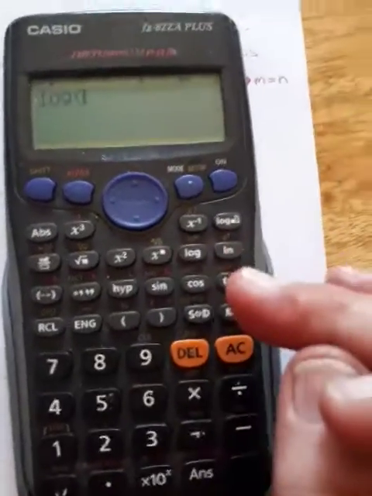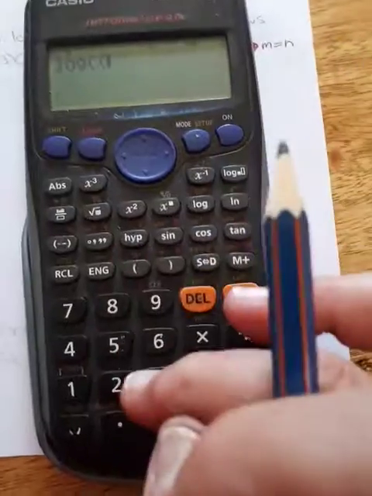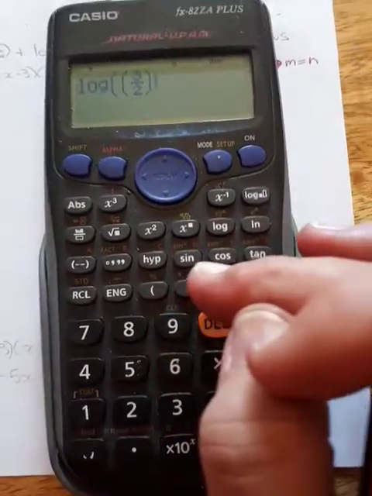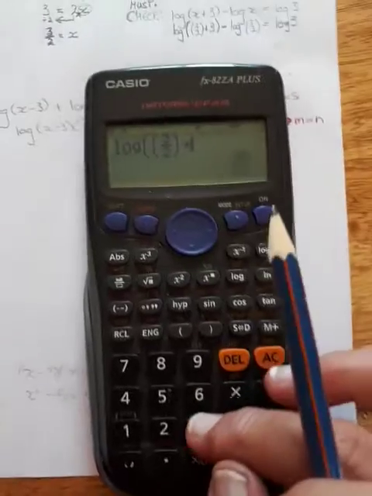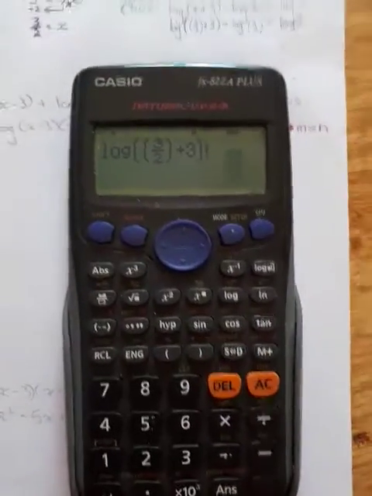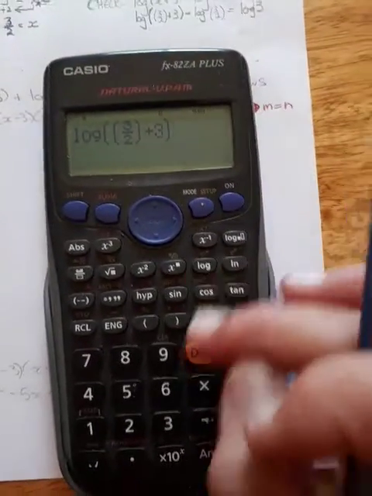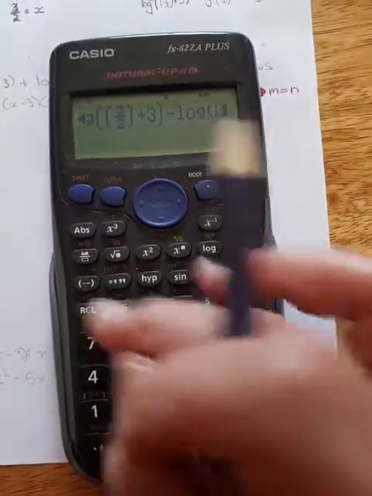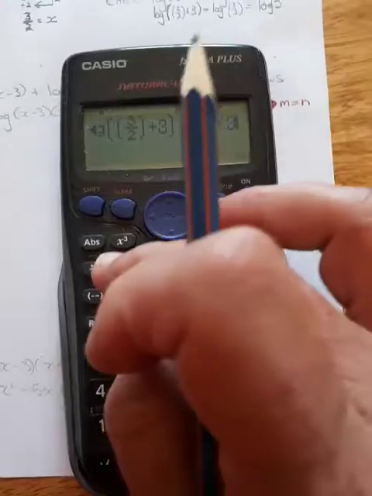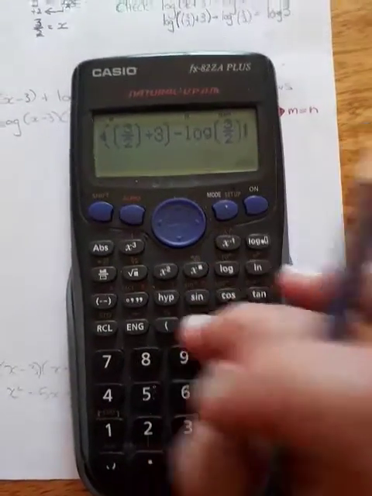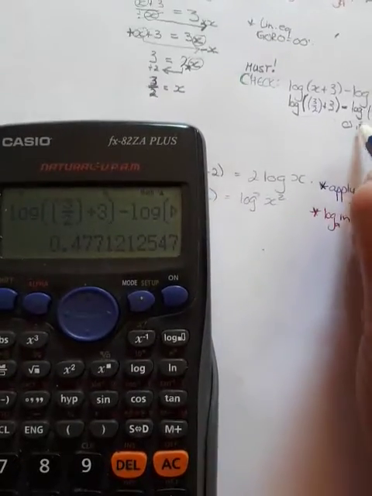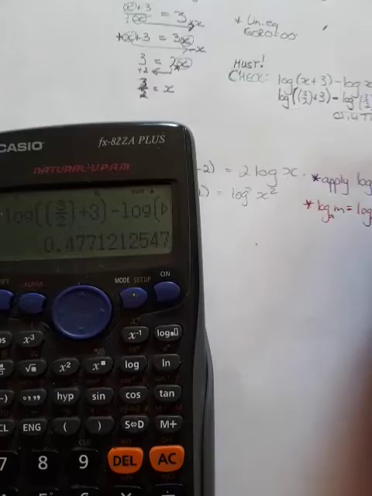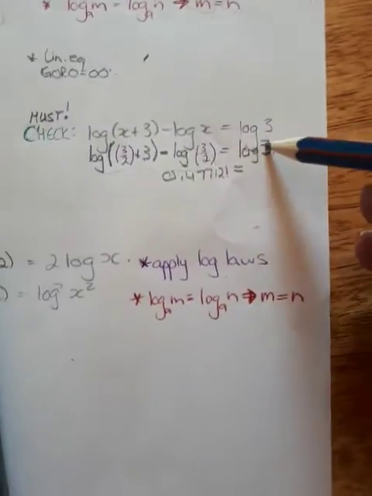So we're going to take the log, open bracket, open bracket, 3 halves, close bracket, plus 3, close bracket, then we've got minus the log of 3 halves, close bracket, and that equals 0.477121, and so forth.